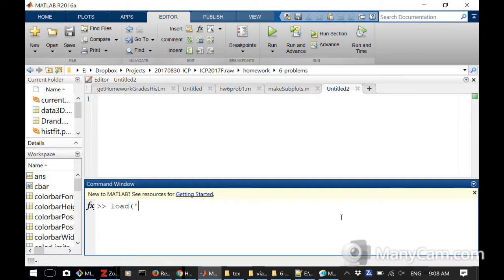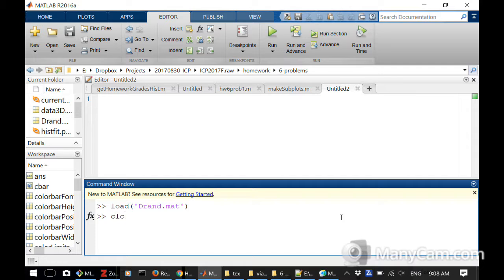But if you say drand.mat, simple as that, without any directions about where to look for this file, then MATLAB is going to look at the working directory by default. And if it's not there, then it will not search anywhere else. Okay. So if I type load drand.mat, it's going to load it for me because I'm already in the working directory. The working directory is already the folder that contains this file.